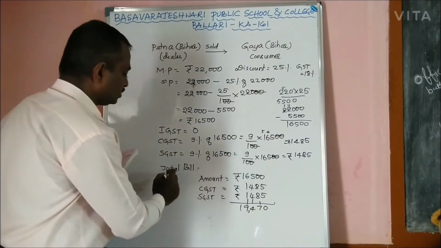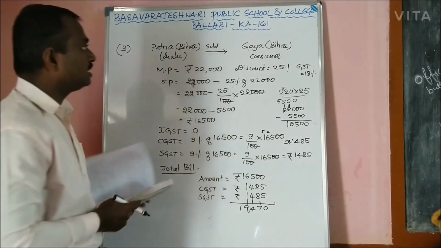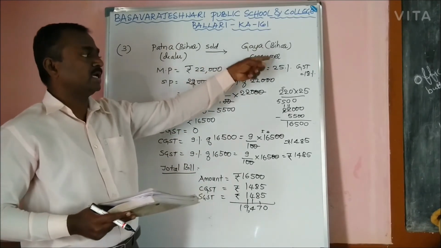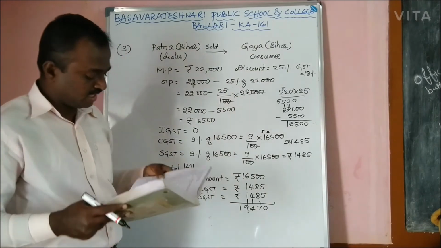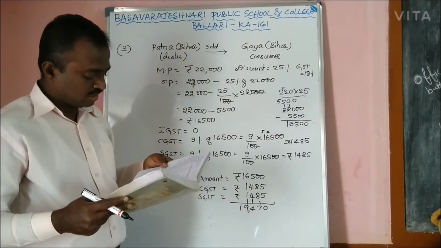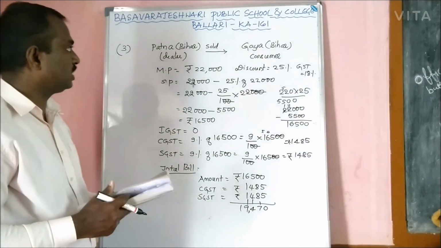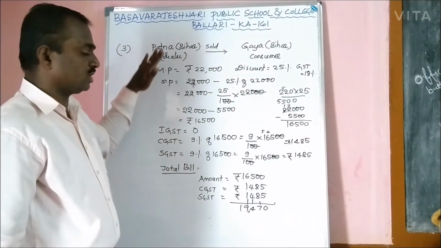The consumer in Gaya has to pay 19,470 rupees. Understood now?